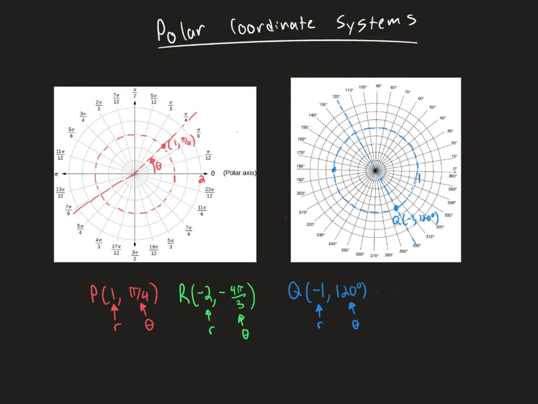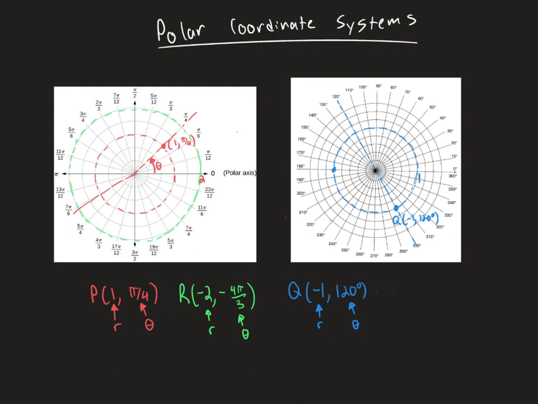Since the r is negative 2, we know we're going to be on the circle of radius 2 somewhere. If we think about the r first, the r being negative says we go over to here.